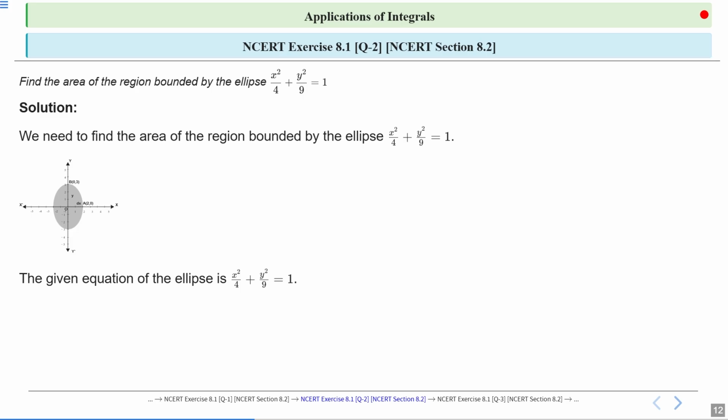So the limits are x equal to 0 to x equal to 2. To find the area of this region, we find the definite integral from 0 to 2 of y dx. Clear? Okay.